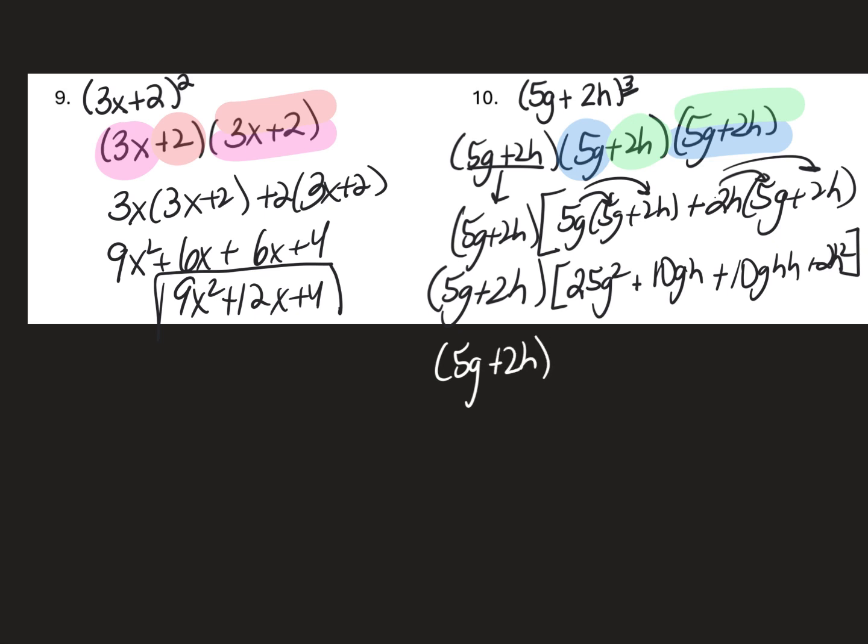So I'm going to have 25g squared. I see I have too many h's right here. Oops. Plus 20gh plus 2h squared. And that's wrong. Hopefully you all caught that. That should be plus 4h squared. Glad I saw it. So plus 4h squared.